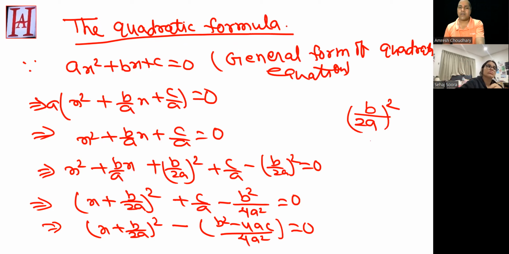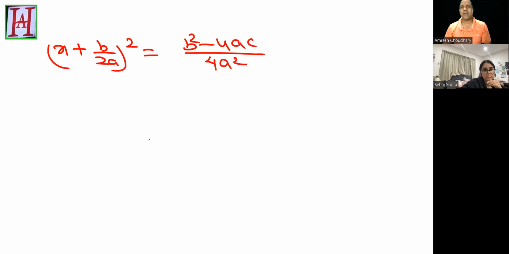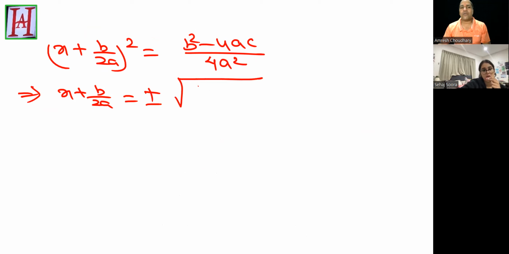Any doubt? Because here it is the minus; when shifted to the right hand side, it becomes plus. And if there is a square, it becomes root on the other side. So x plus b upon 2a is equal to plus minus under root of b square minus 4ac upon 4a square.